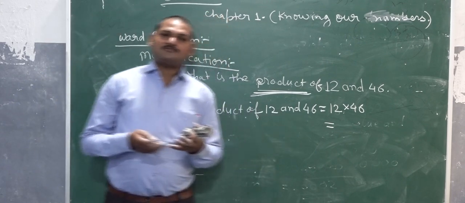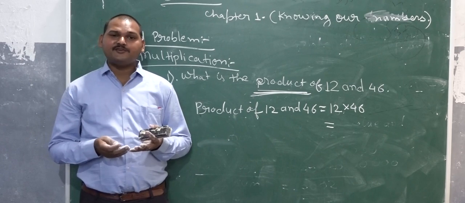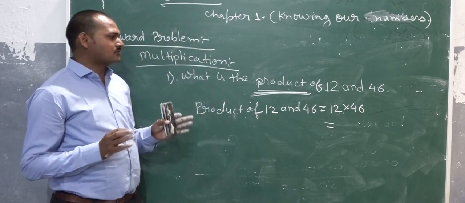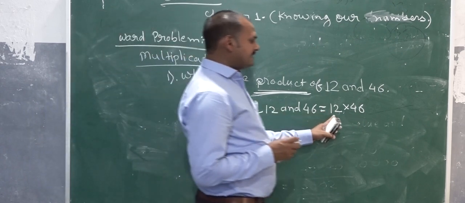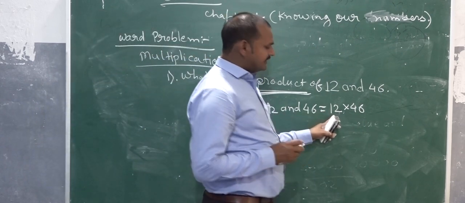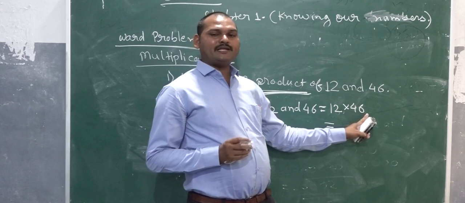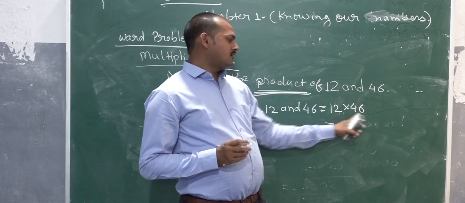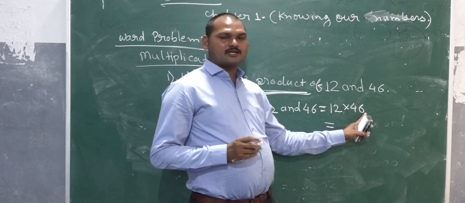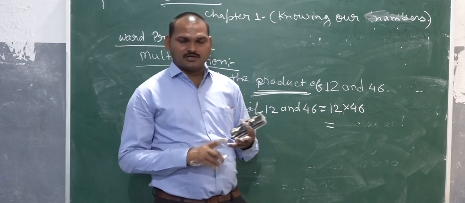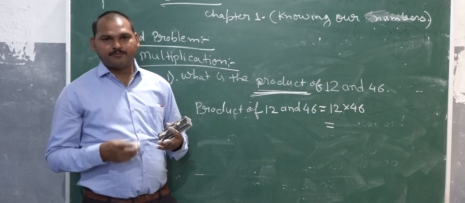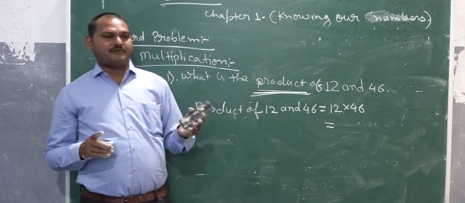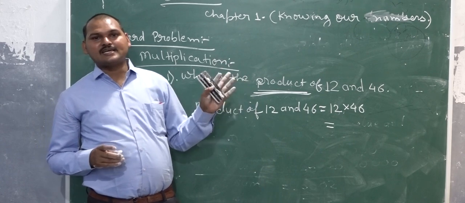So how many tables do we have? Basically, the table of 12 into how many times? 6 times. 12 ones are 12, 12 twos are 24, 12 threes are 36, 12 fours are 48, 12 fives are 60 and 12 sixes are 72.